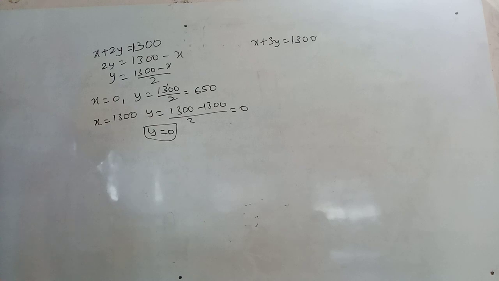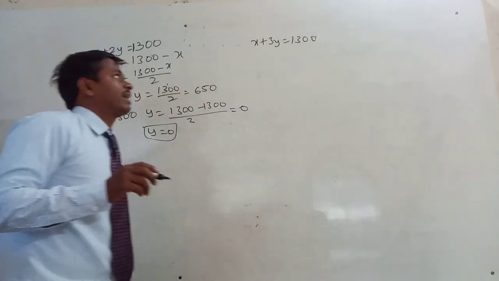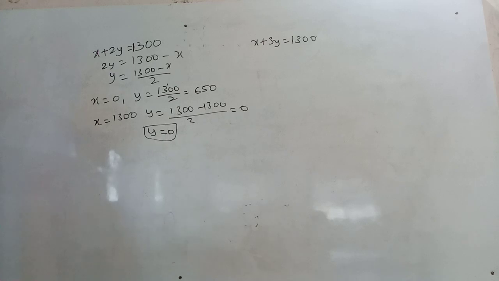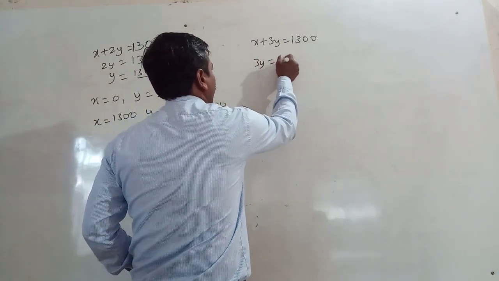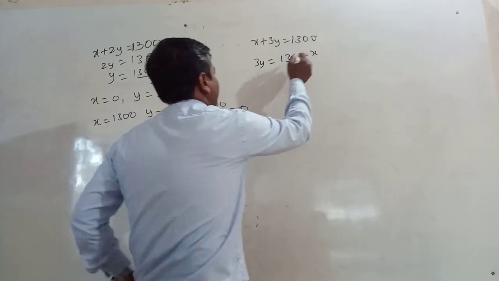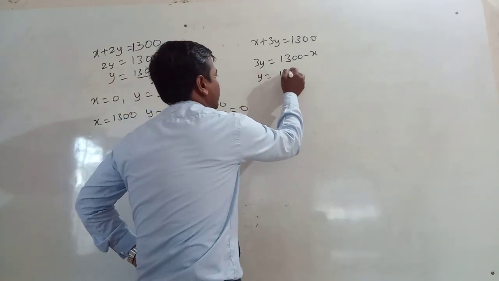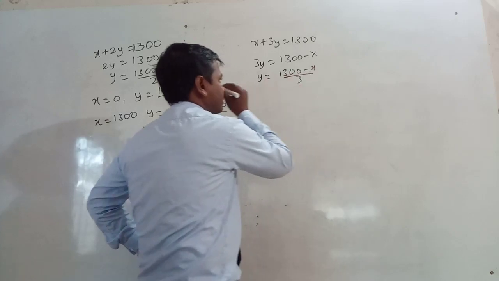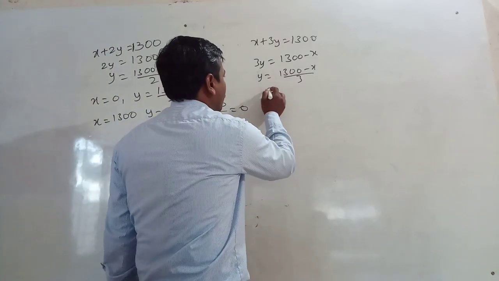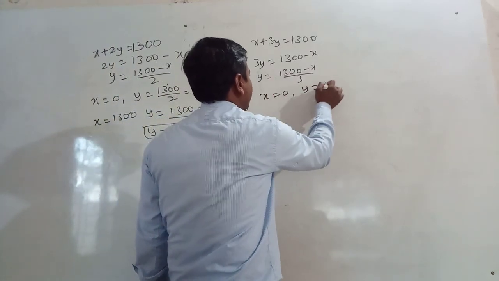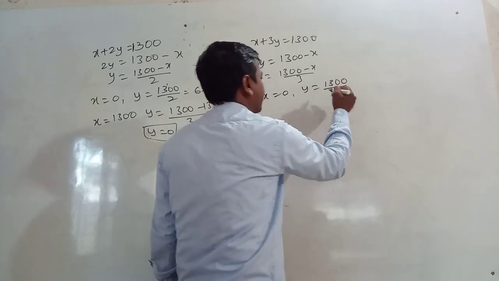What is next? The equation x plus 3y. When x is 0, what is the y value? 3y equal to 1300 minus x, so y equal to 1300 minus x by 3. When x equal to 0, y value is 1300 by 3.